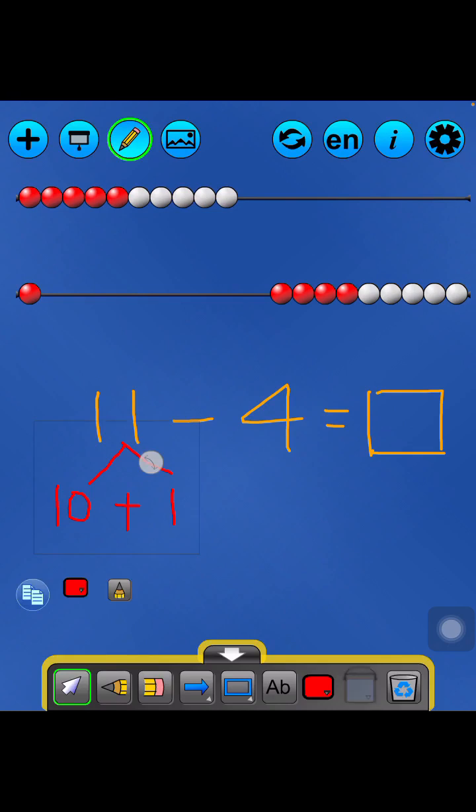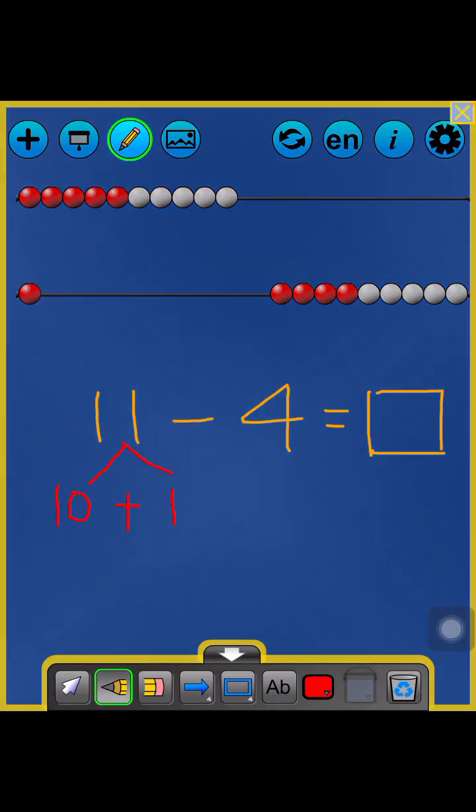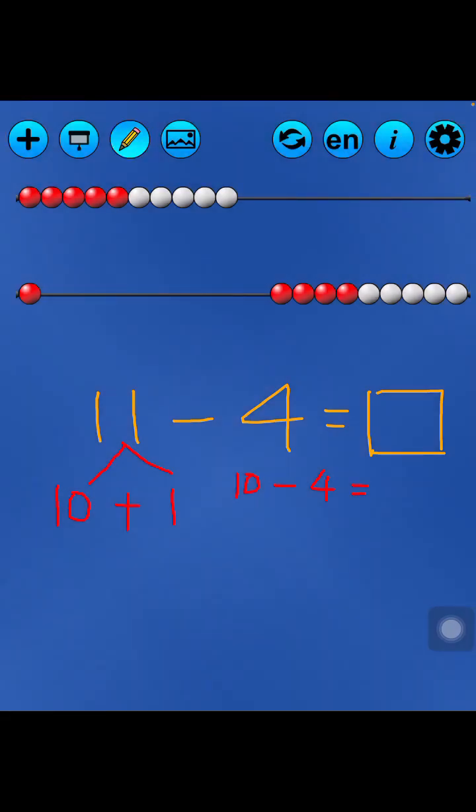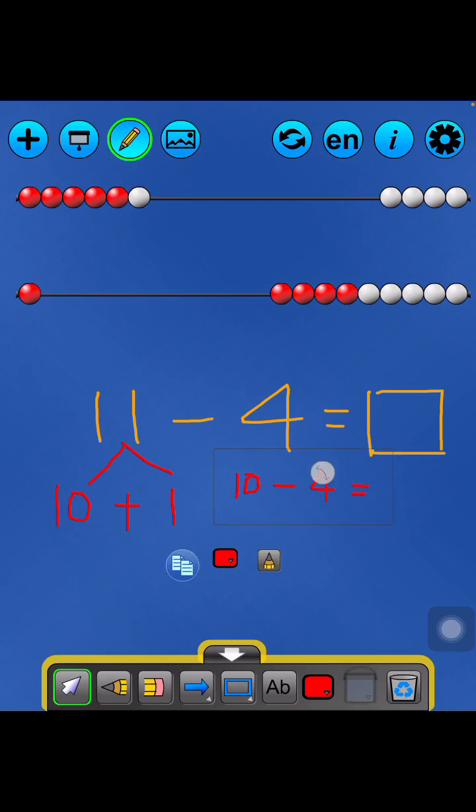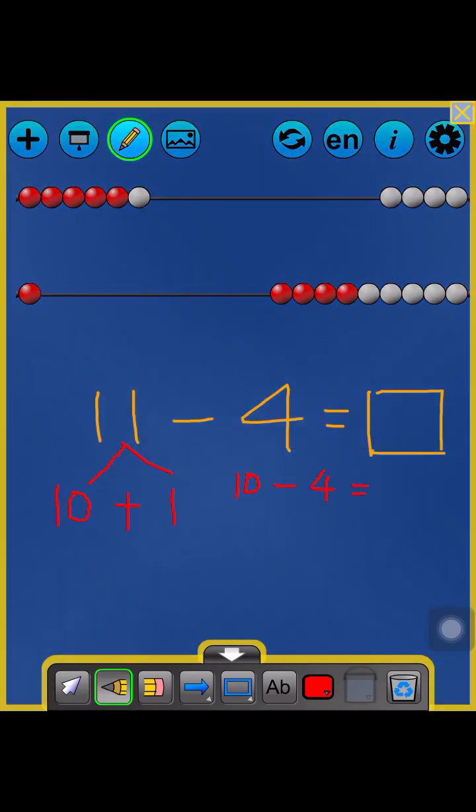Now there are 10 bits in the first row, and we take away 4, that means minus 4. Let's see how many are left. Take away 2, 4. So now on the left hand side, how many bits are left? Yes, there are 6 bits left.